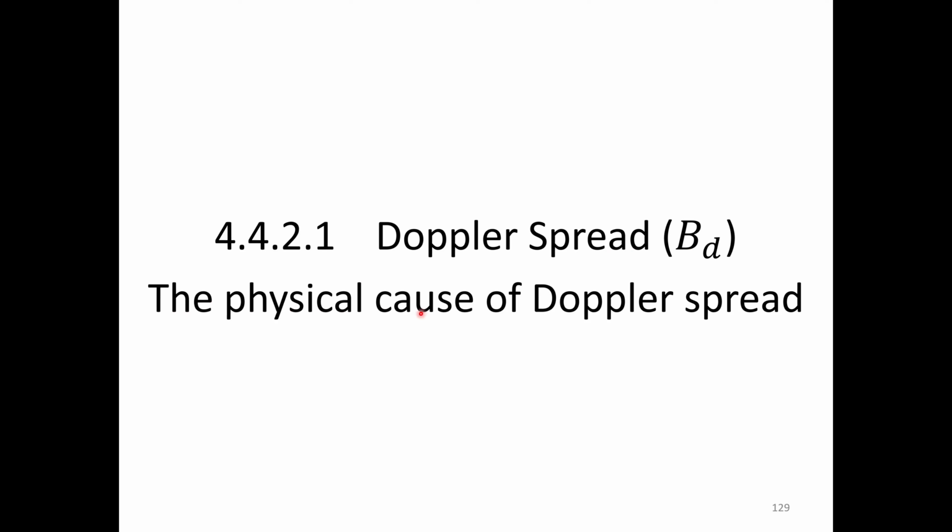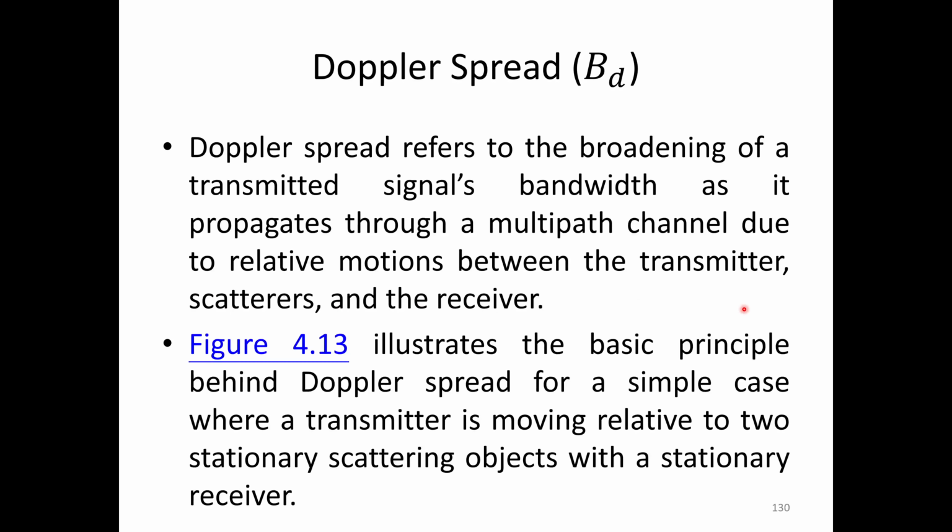The physical cause of Doppler spread: Doppler spread refers to the broadening of a transmitted signal's bandwidth as it propagates through a multipath channel due to relative motions between the transmitter, scatterers, and the receiver.